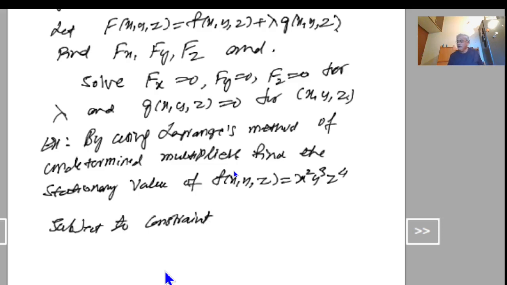The constraint given is x plus y plus z is equal to 5.